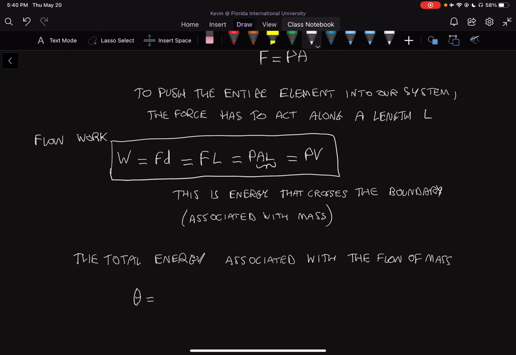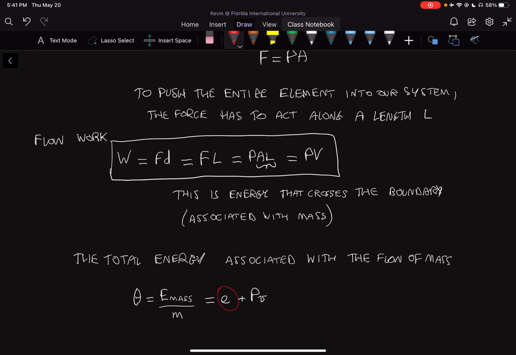So theta is the energy from the mass divided by mass. Okay, so it's the energy divided by the amount of mass. And so this is equal to little e plus PV. So it's the energy of our whole system per unit mass.